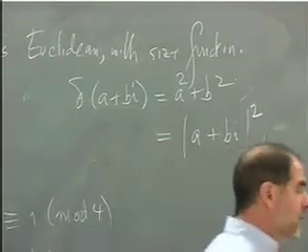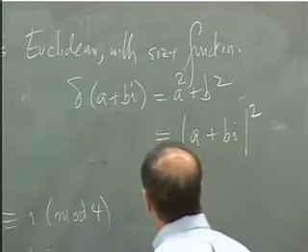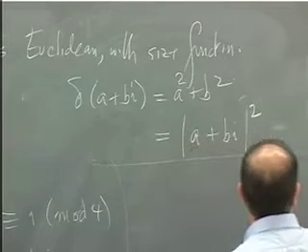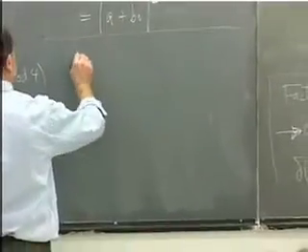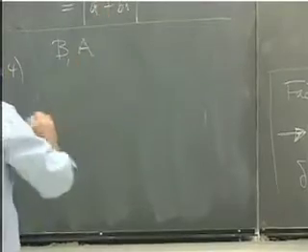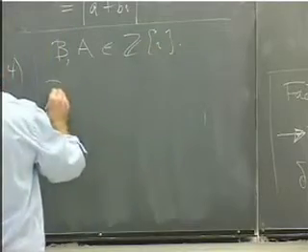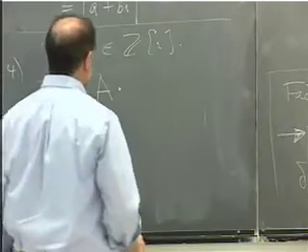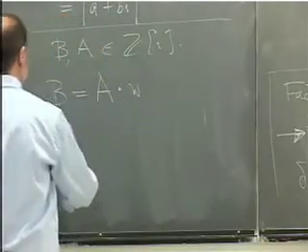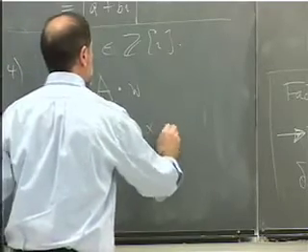So let's start with two Gaussian integers and try to divide one into the other. Okay? So if I have b and a, well, I've already used b and a. Let's call the Gaussian integers capital B and capital A so we don't confuse them with those two a and b in z of I. And we can write B as A times some w, where w is of the form alpha plus beta I, and alpha and beta are rational numbers.